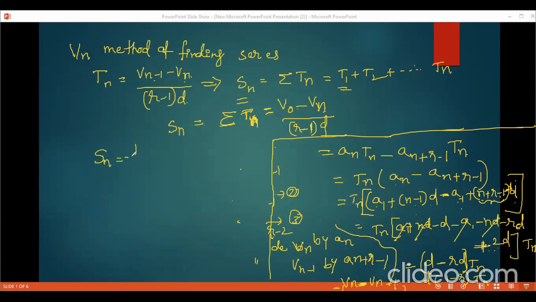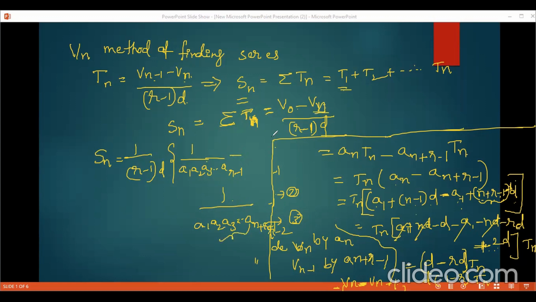Sn is equal to 1 by (r minus 1) times d into [1 by a1, a2, a3, so on, a(r minus 1), minus 1 by a(n plus 1), a(n plus 2), so on, a(n plus r minus 1)], right? That is Vn, this is Vn, and this is V naught. V naught minus Vn by r minus 1 into d, like this we can easily write.